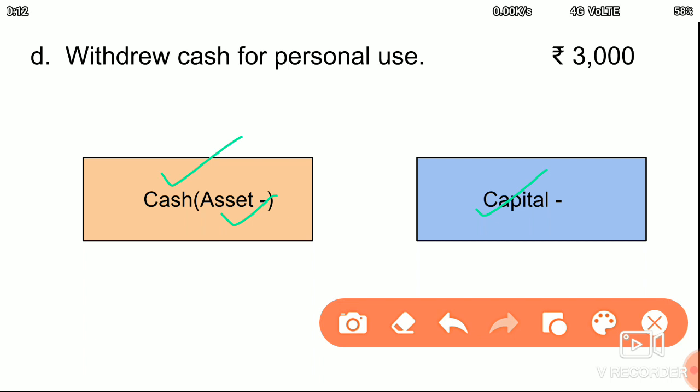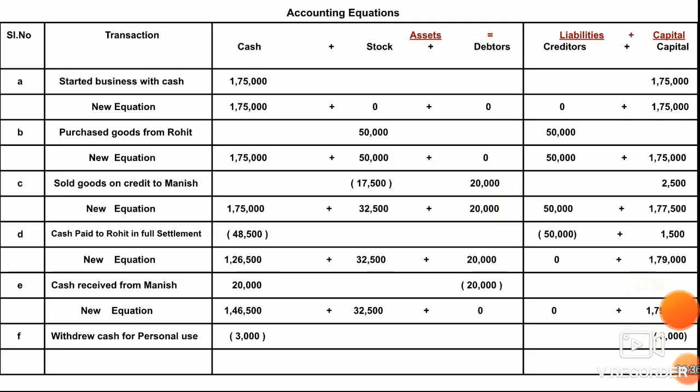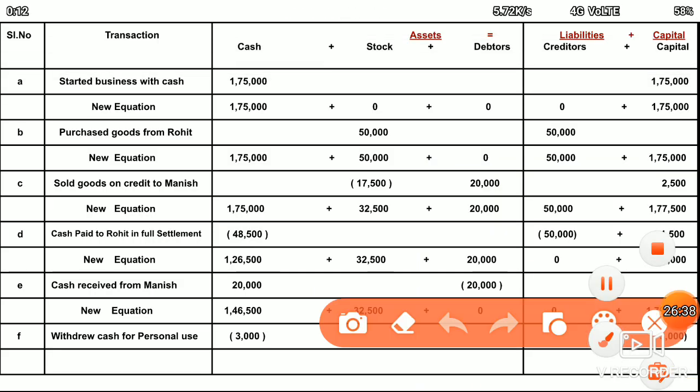So after this transaction, the effect will be cash will decrease by 3,000 rupees and capital will decrease by 3,000 rupees. So we can give the effect in the accounting equation. Number F, withdrew cash for personal use. We are decreasing cash by 3,000 rupees as cash is going out of the business, and also the owner's capital will decrease by 3,000 rupees because he is drawing for his personal use.